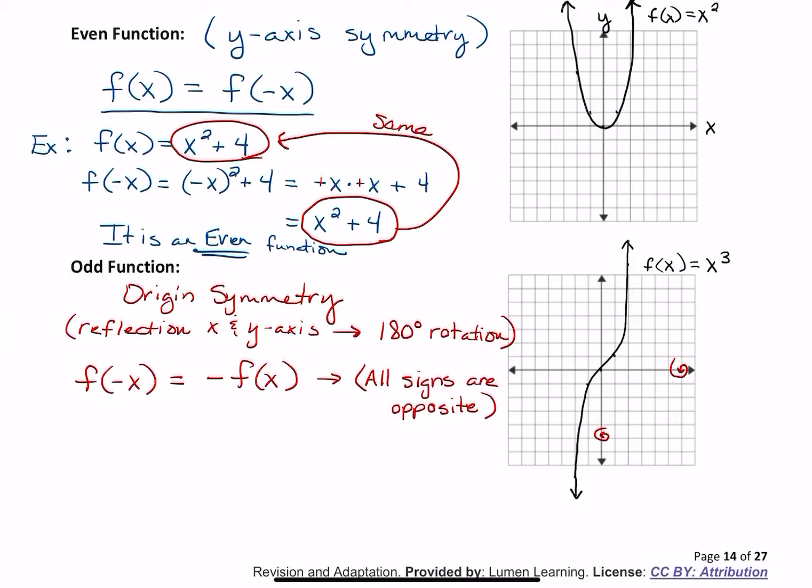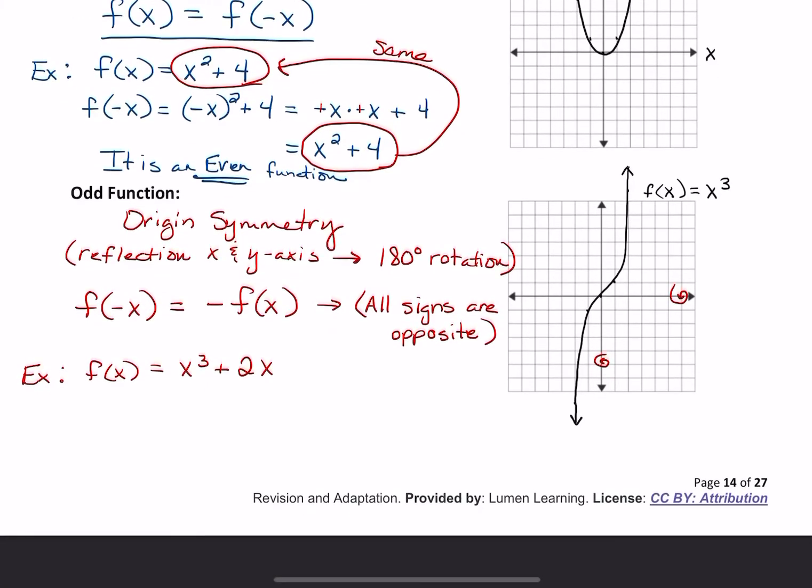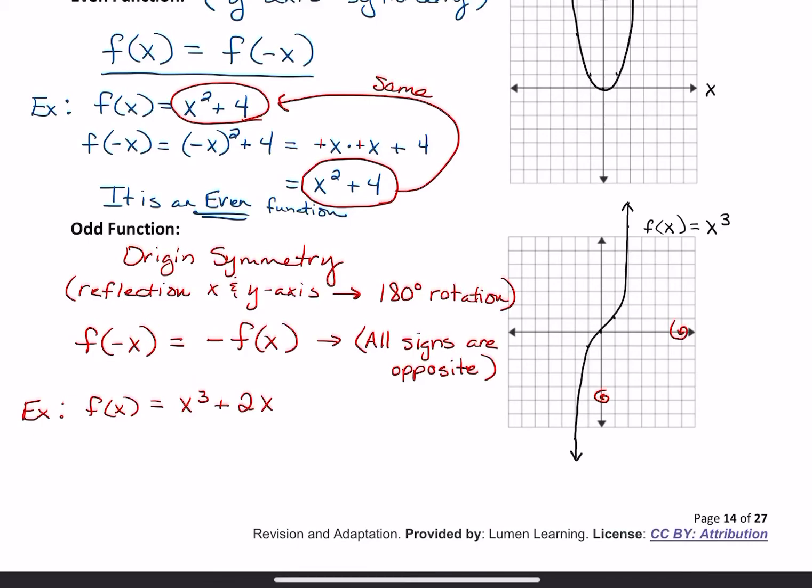So let's look at this function. If I have f of x equals x cubed plus 2x, and I want to check to see if it's even or odd, I'm going to plug in a negative x, which would be negative x cubed plus 2 times negative x.